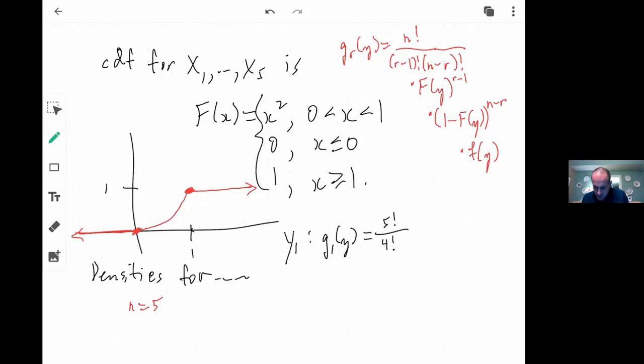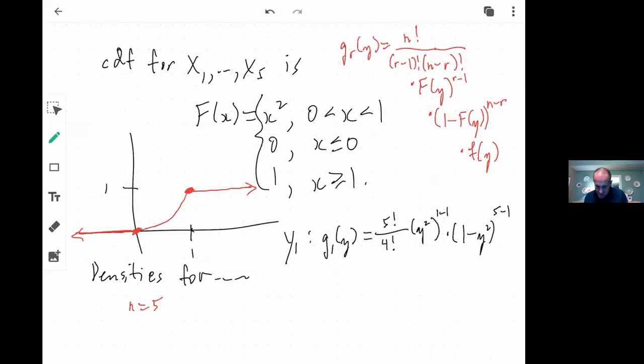And then it's F of y to the r minus 1. So what's F of y? Capital F of y is just y squared, right? So that's going to be y squared to the r minus 1, which is 1 minus 1 in this particular case. And then it's going to be 1 minus F of y, which is y squared, to the n minus r, n is 5, so 5 minus 1.